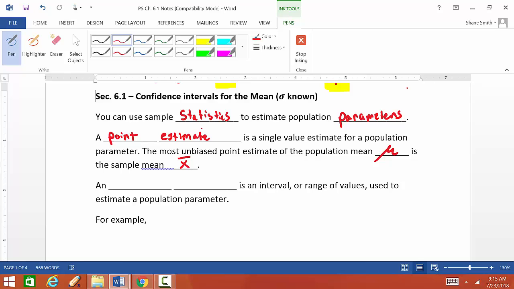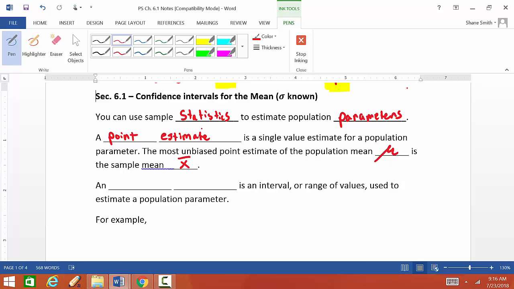Because a point estimate in and of itself does not have an error, it's just a single value. Well, that doesn't give us a lot of information. If I just have a point estimate and there's no error measurement to go along with it, that point estimate is kind of useless, because maybe my estimating skills are just really bad, and I could be really far off from the actual value.